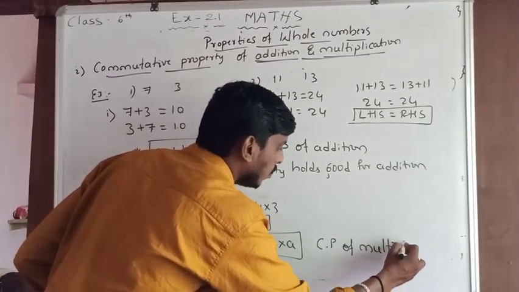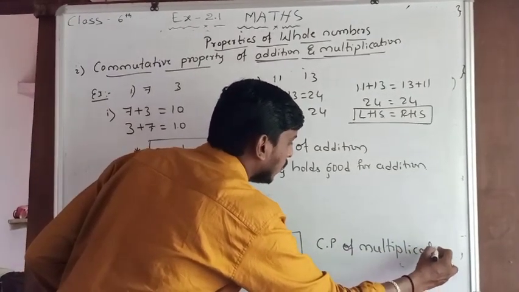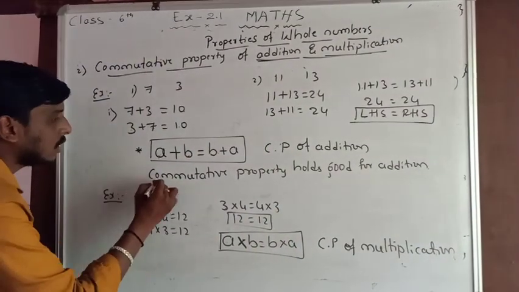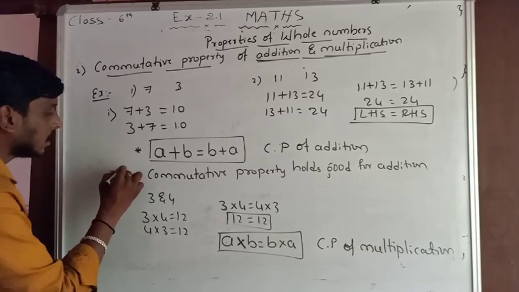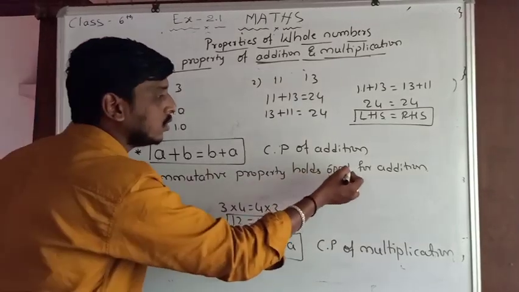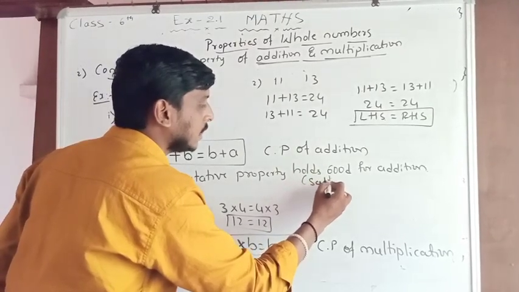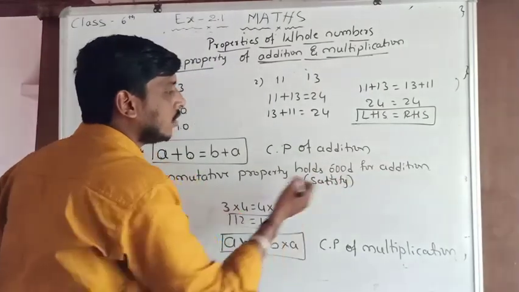So this is the commutative property of multiplication. Finally, how to write the conclusion? Commutative property holds good, holds good is nothing but satisfy, for addition.